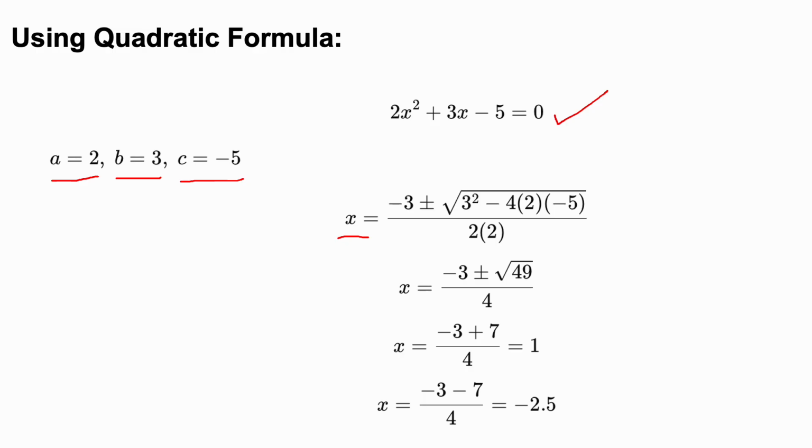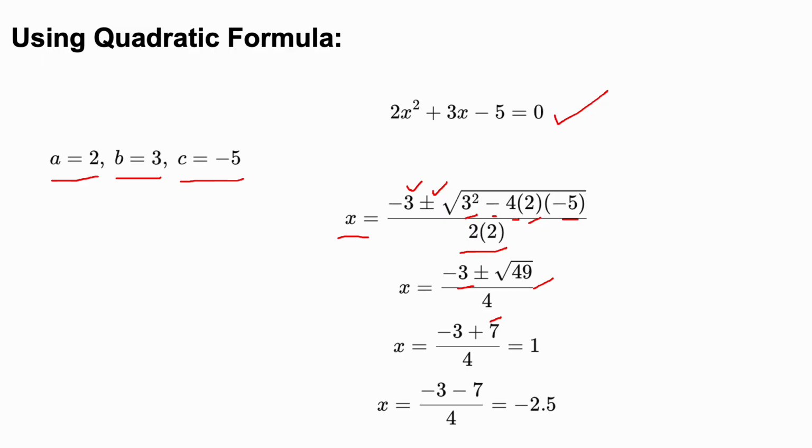So x equal to minus 3 plus or minus square root of 3 square minus 4 times 2 times minus 5, divided by 2 times 2. So this becomes minus 3 plus or minus square root of 49 divided by 4.